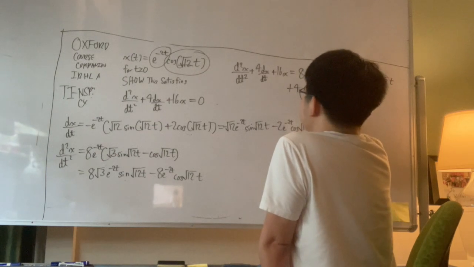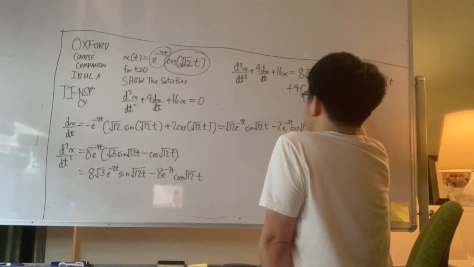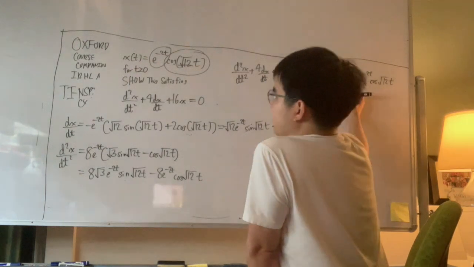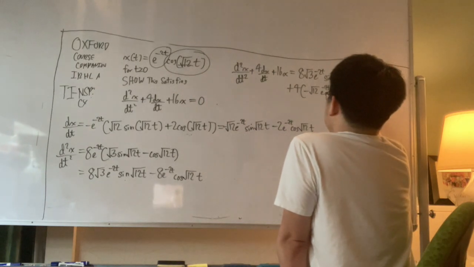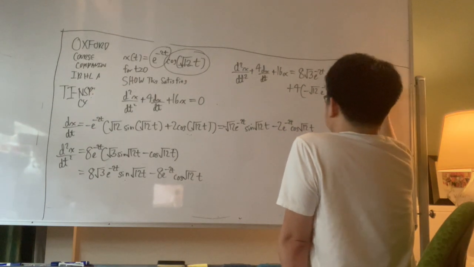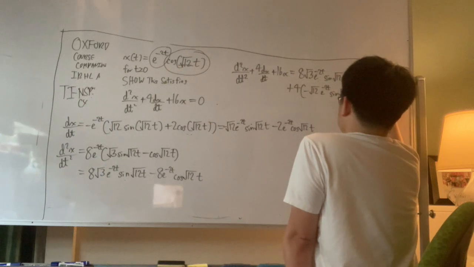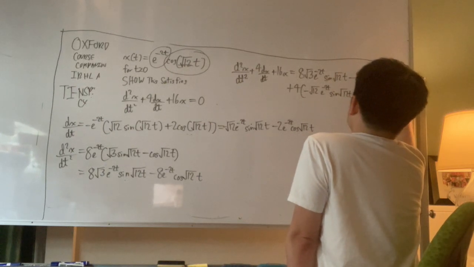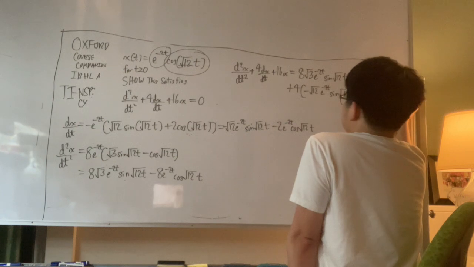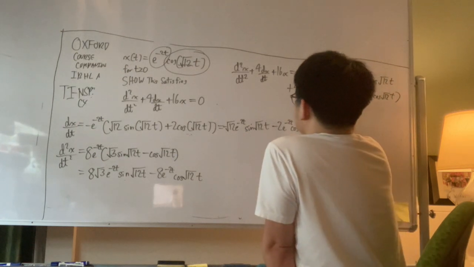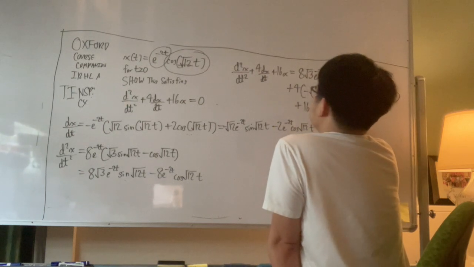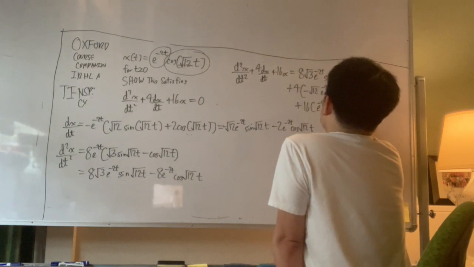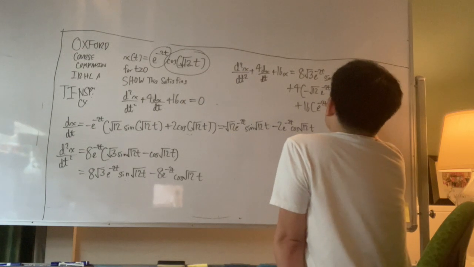Plus 4 times this utter nonsense. And then plus 16 times this, e^(-2t) cosine of square root of 12t.